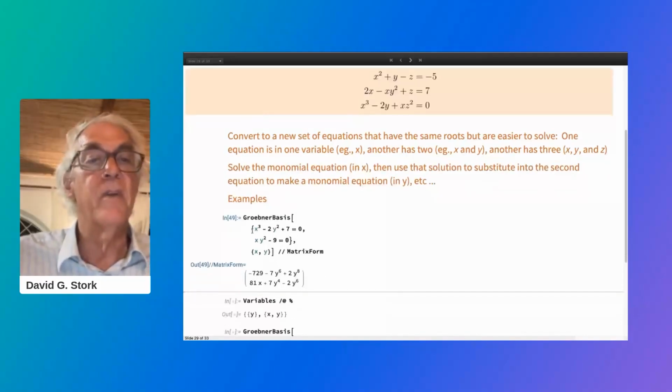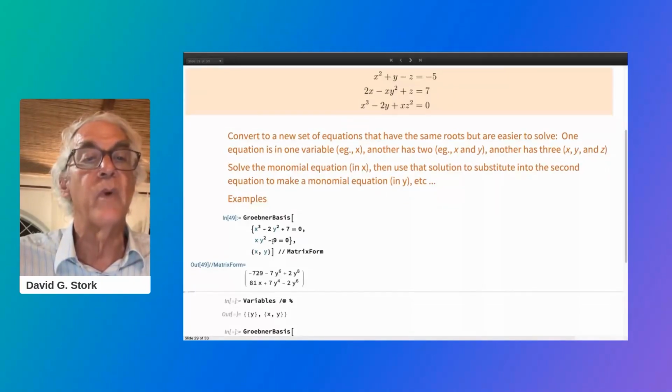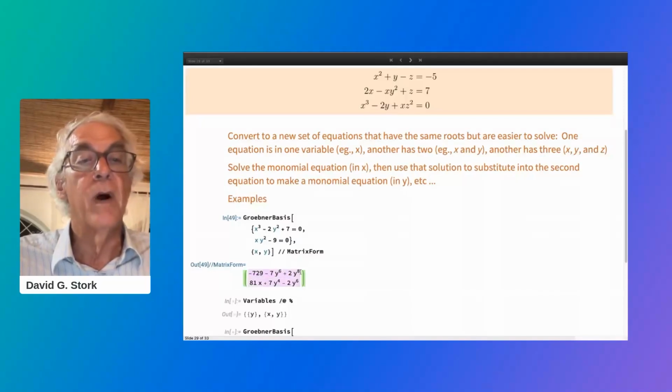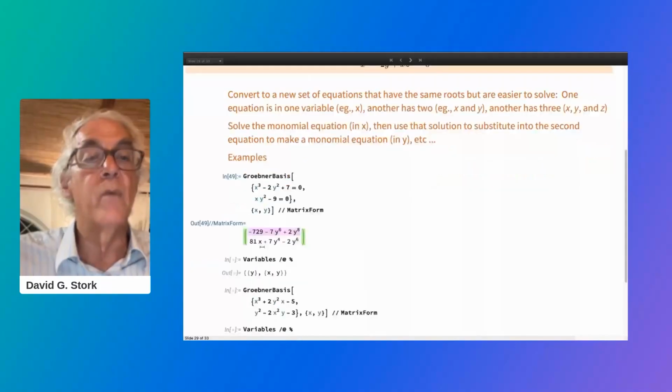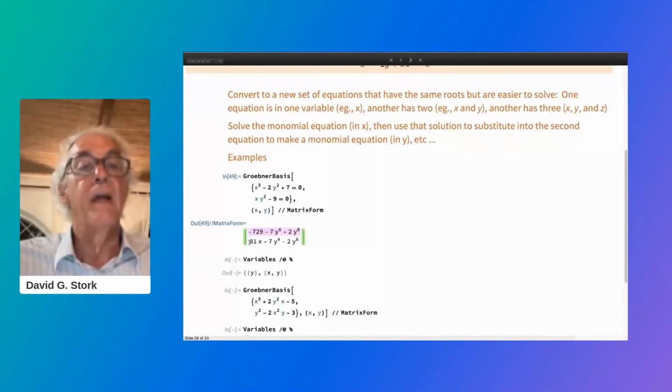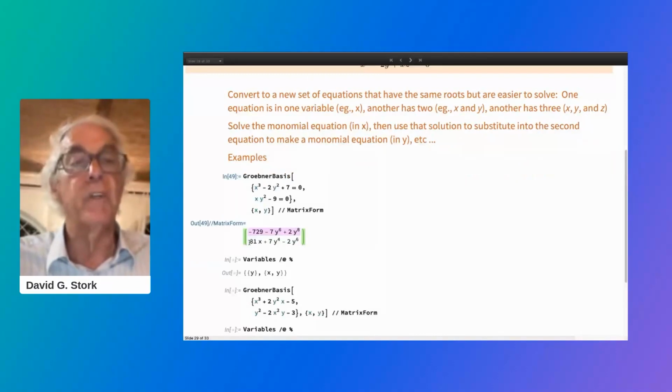So here, give me the Gröbner basis for x cubed minus 2y squared plus 7 equals 0 and xy squared minus 9 equals 0. Well, here they are. The first equation or term depends only on y, which makes it easier to solve. And then once you have the solution for y, you can put it into this one for x.